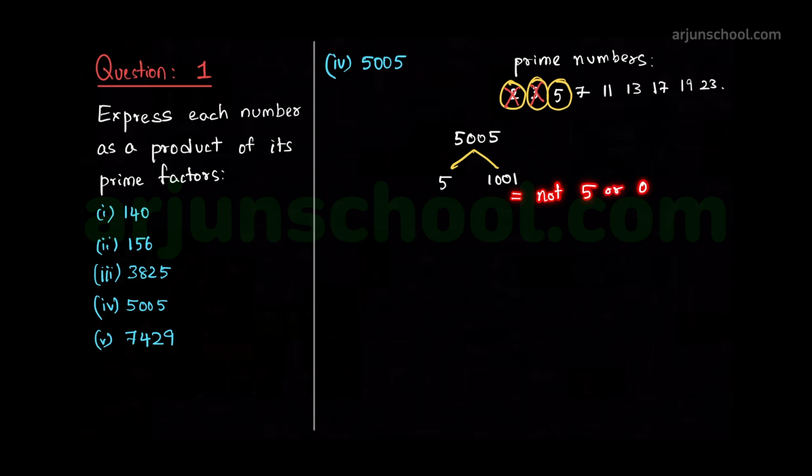Since it does not end with 5 or 0, it is not divisible by 5. Let us try the next prime number 7. Let us test it. Yeah, 1001 is divisible by 7 and we get 143 as a quotient with no remainder.